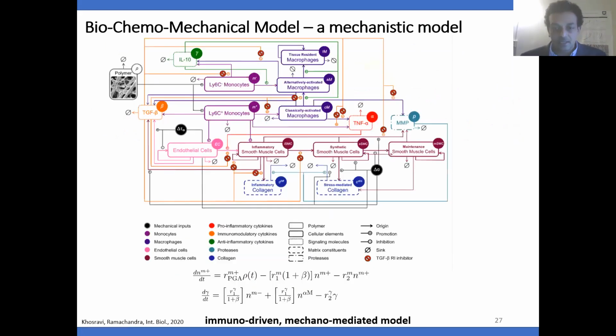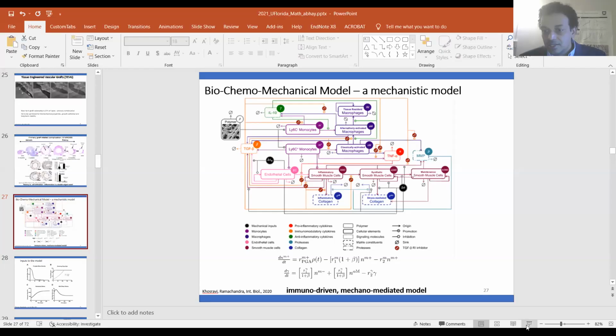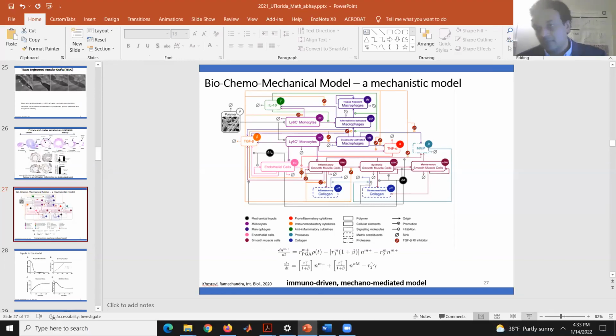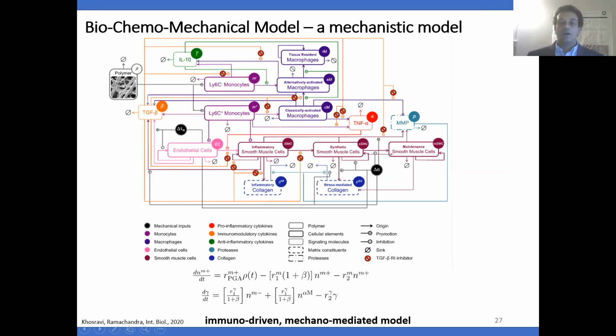So we built this model, something we call biochemomechanical model of a tissue engineered vascular neo-tissue formation from a polymer scaffold. Okay, so we implant a polymer. I'll quickly walk you through this diagram. It's a very busy one. So we implant this polymer, which recruits circulating Ly6C positive and negative monocytes.